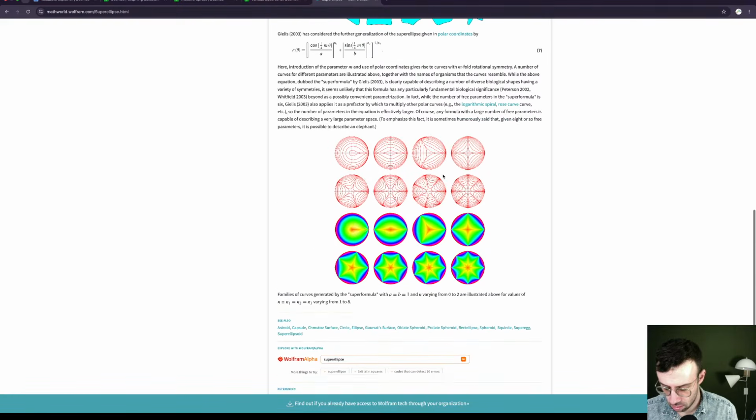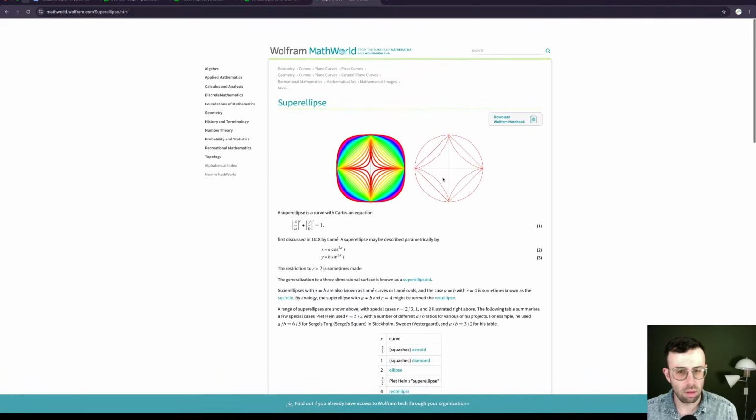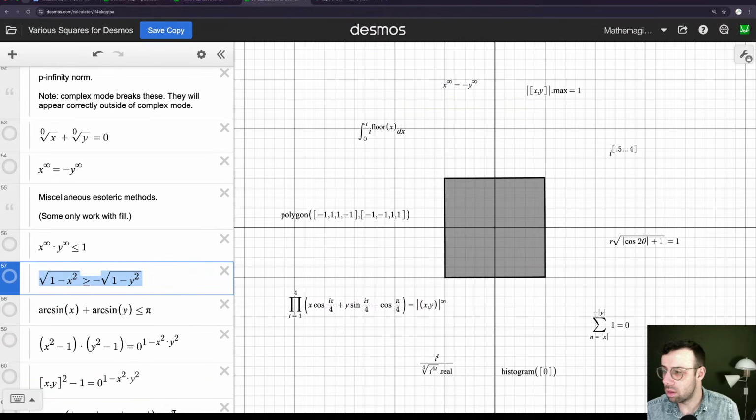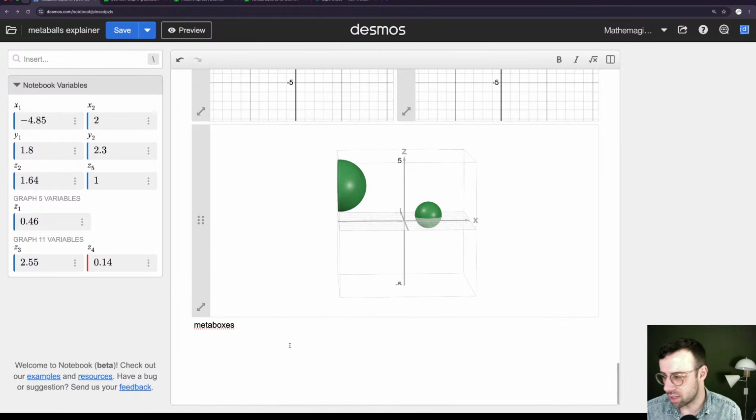Starfish. Cool. But I kind of want to try using this one. Call it meta boxes or meta squares.